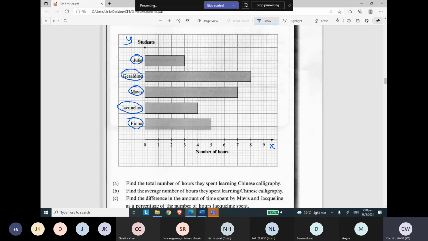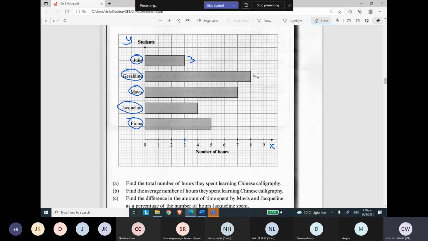So Julie spent how many hours? 3, right? You look at the bottom, there's 3. So it's good that you write it, either inside or on top or beside. It's up to you, really, as long as you can see. Some people like to write it on top, so that you can see the number clearly.